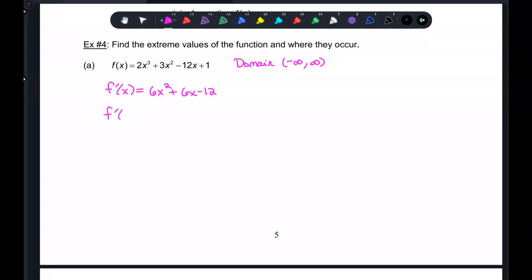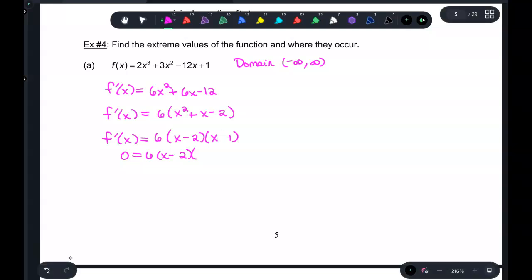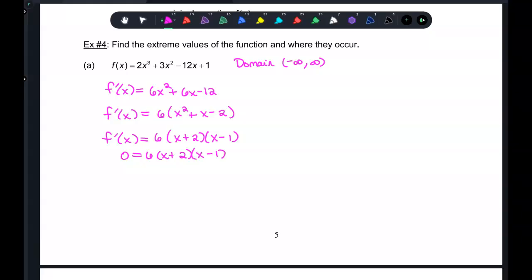All right. I am going to factor out a 6. That'll make it easier to factor my quadratic into x minus 2, x plus 1. I'm going to set that equal to 0.